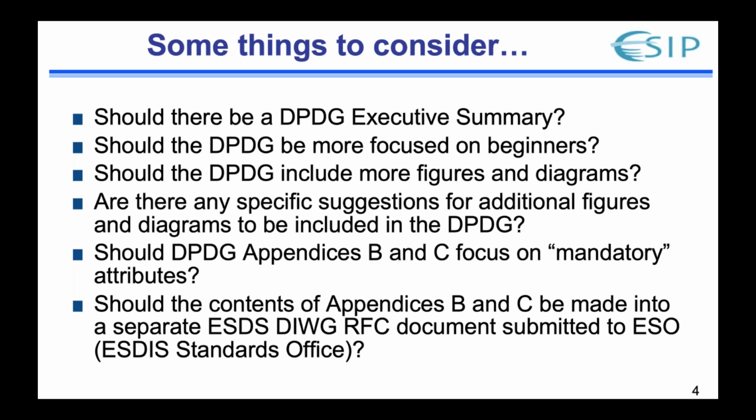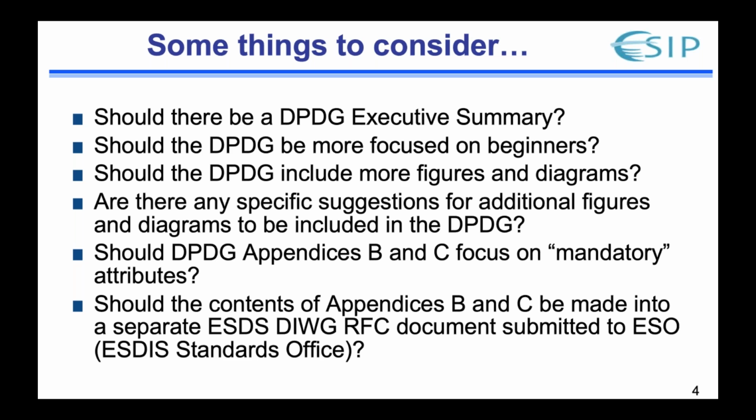These are things that have been brought up at meetings, and I can't claim credit for anything except for the final one. So first bullet, should there be an executive summary? If this guide is too long, people aren't going to read it, and they might want a quick summary, which would be part of the release, but it would be a lot easier to get through.